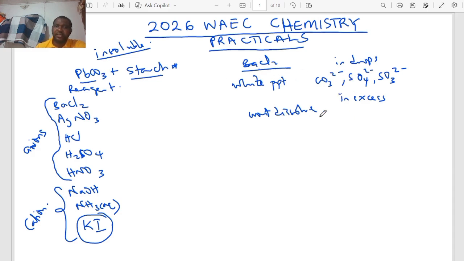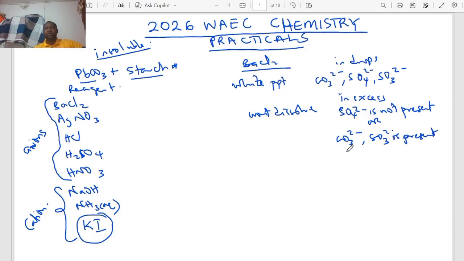Since it does not dissolve, it means that the SO4 2- ion is not present. Or you can simply say that what is present is either carbonate or SO3 2-. That means barium chloride cannot be used to actually tell that carbonate is present there.